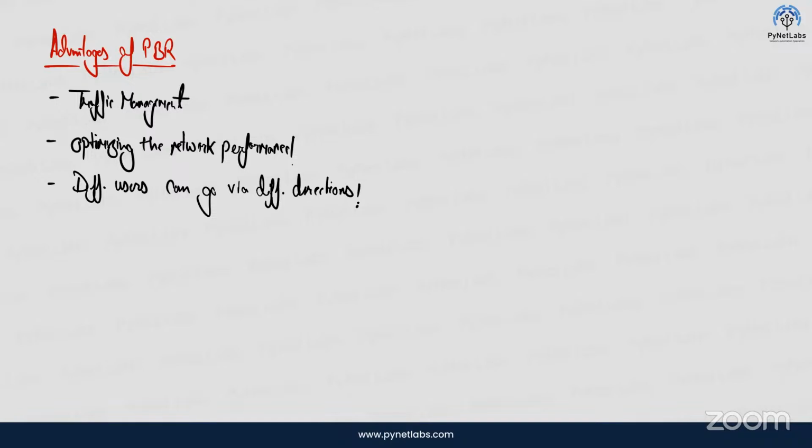Basically, we have some kind of load sharing as well in the case of policy-based routing. But that is not the part we are going to discuss here about load balancing. I'm just mentioning that an advantage is that we have load sharing. Load sharing comes with some CCIE-level things.